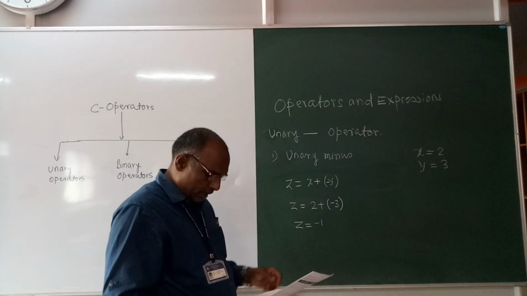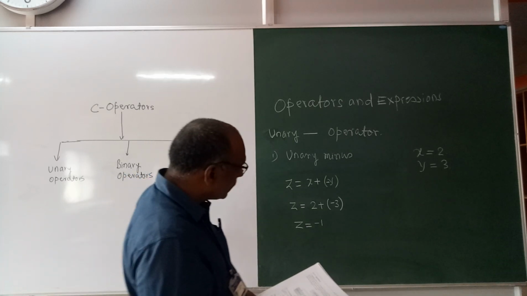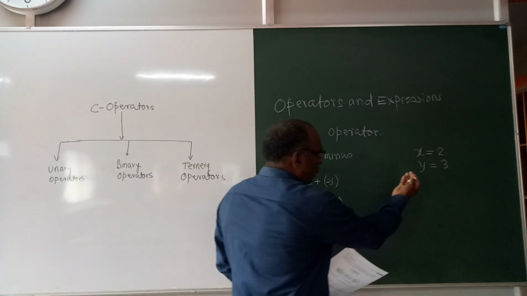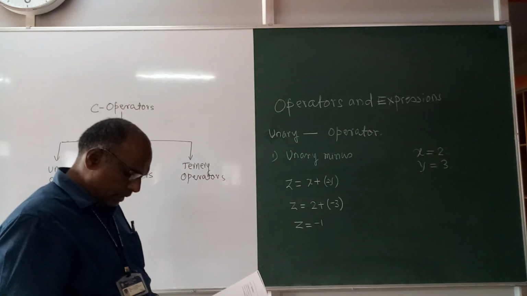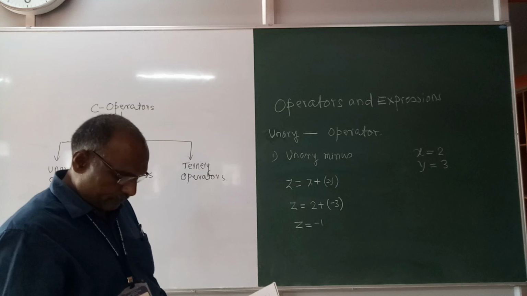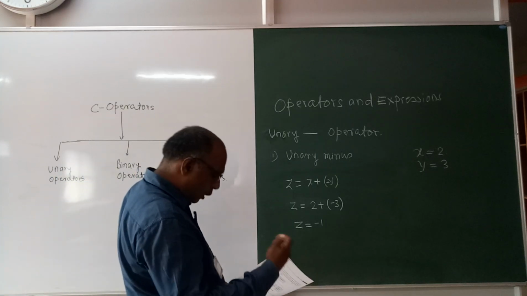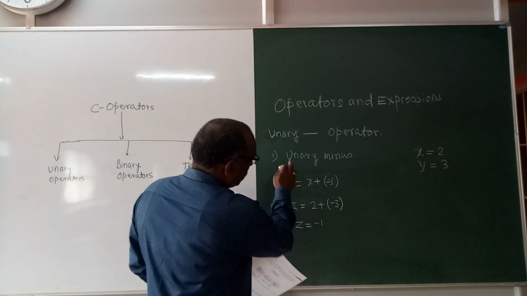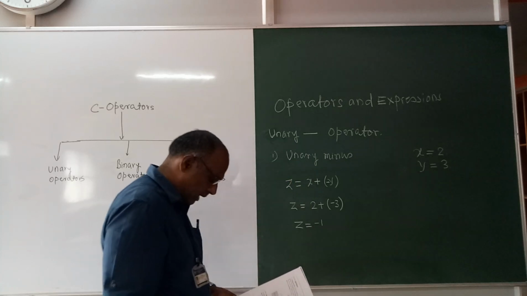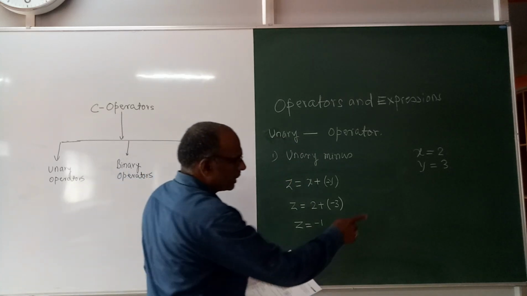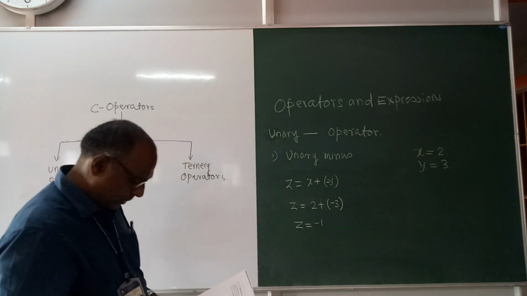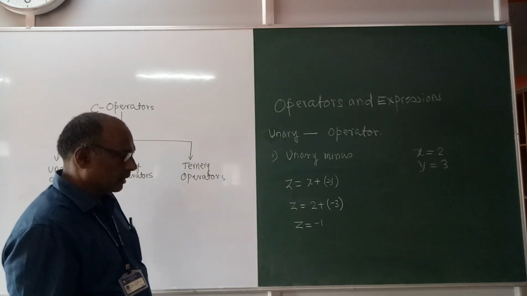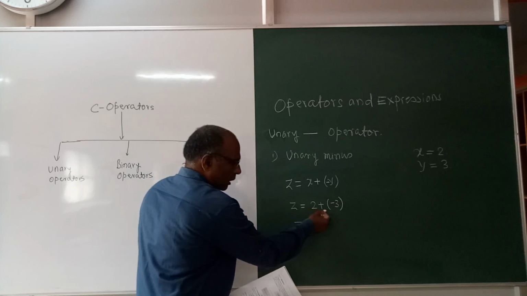Y was initially a positive integer variable; when it is operated on by the unary minus operator, its value gets changed to negative 3, and then the addition operates.